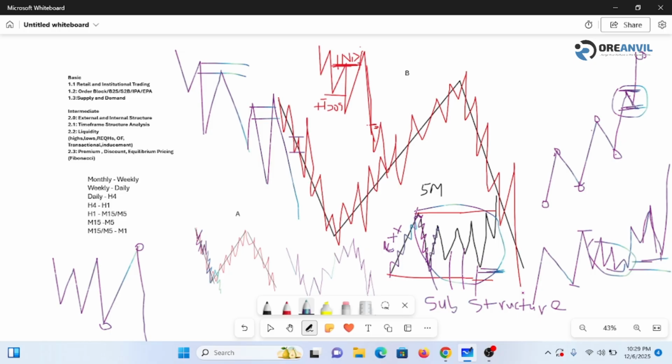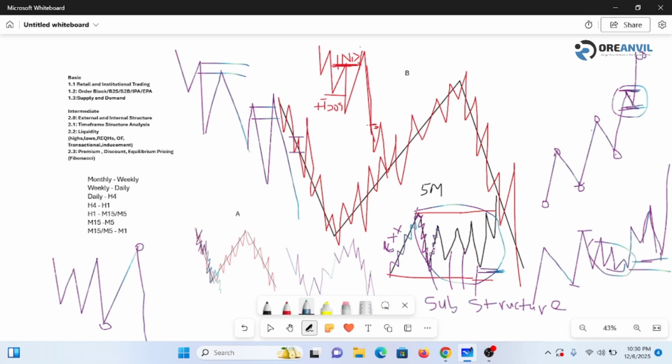The substructure is making you understand that this structural point belongs to this time frame. However, it is sitting internally.